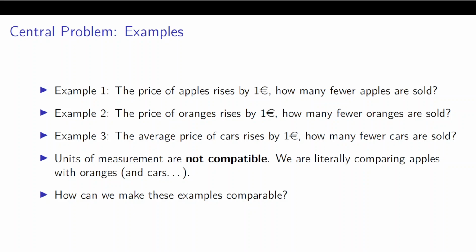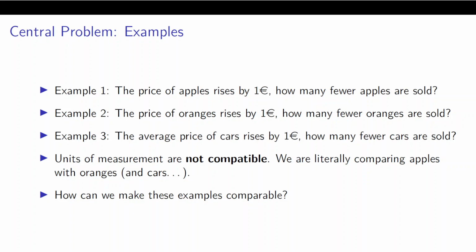And for example 3, it's even clearer. There we say, how does the average demand for cars change if their price rises by €1? And perhaps nothing would change in this case if their price changes by €1 because cars are just in a very different price range than apples and oranges.